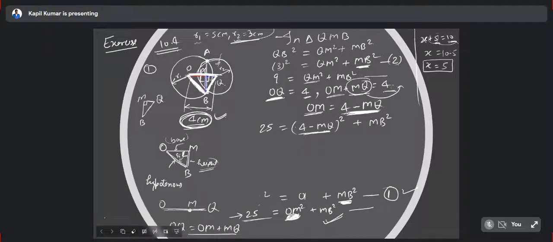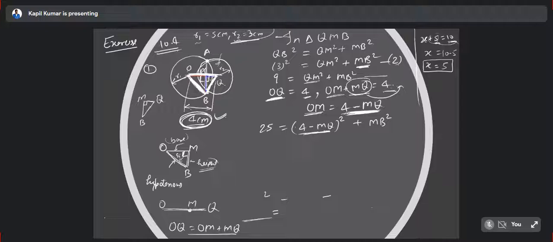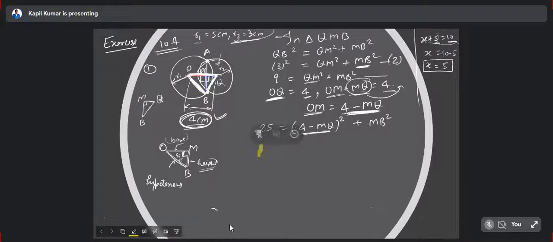Yes, sir. Now let's erase this. This is 25. So 25 is equal to 4 minus MQ whole square.